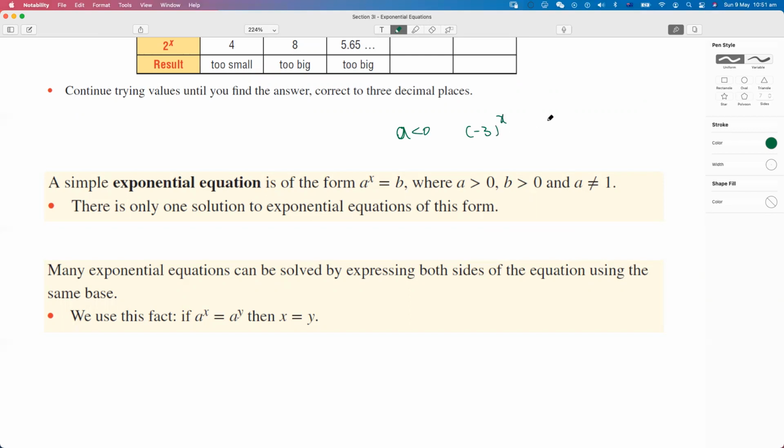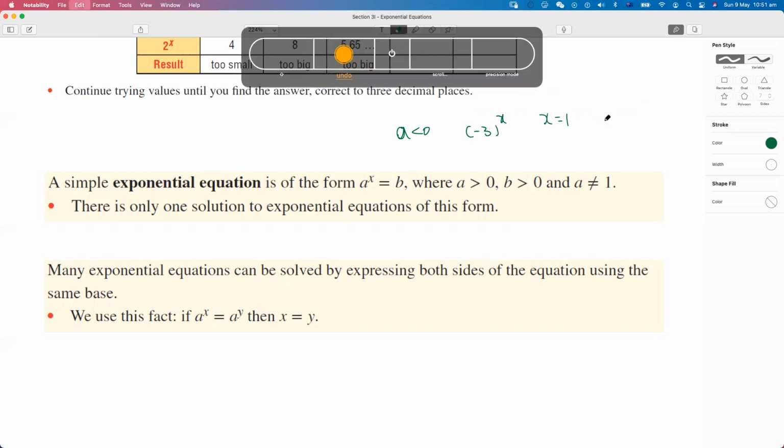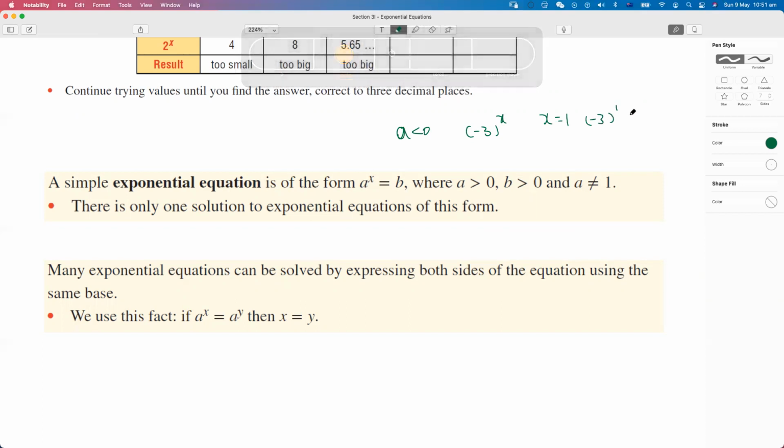For example, if x is equal to 1, -3 to the power of 1 is -3. But if x is equal to -1, it becomes -3 to the power of -1, which you have to flip because of the negative index: 1 over -3, so that's -1/3.